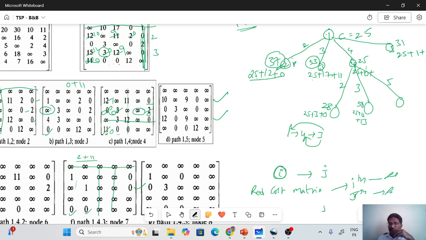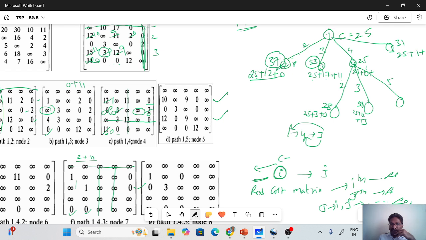After that j to I, j to this I before, if you have some nodes, j to all those nodes must be set as infinite. Then only do the row reduction and column reduction. If you have any row reduction or column reduction, that must be added. What is the cost we are getting at the node I?